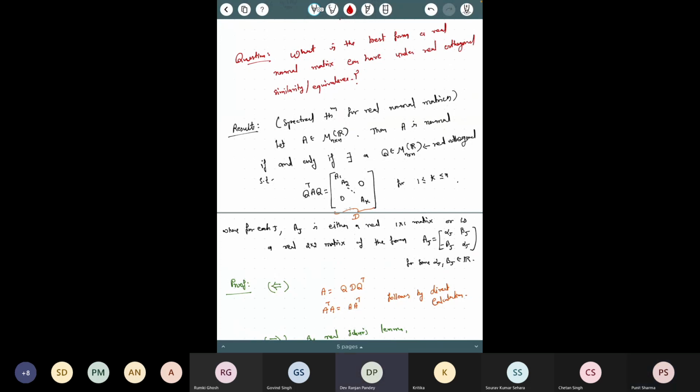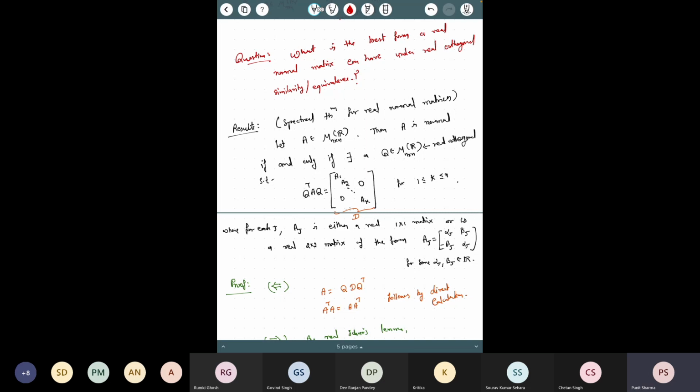That diagonal block will be 0. Diagonal block would be 0. Okay, why would this be? Because for skew symmetric matrices, the eigenvalues are either 0 or imaginary. So all the real eigenvalues would be 0. That is fine. And what can you say about the other blocks?